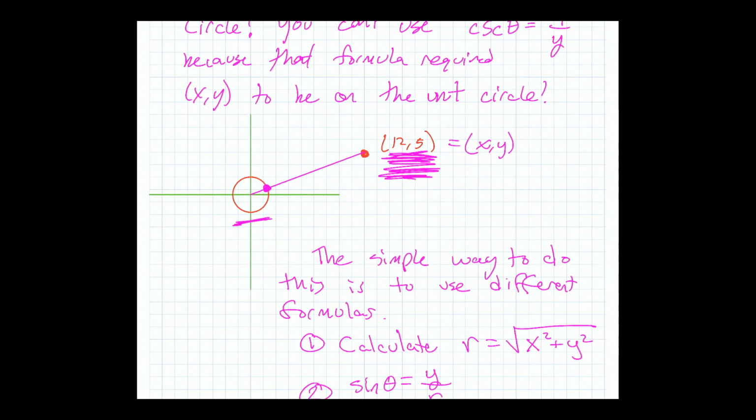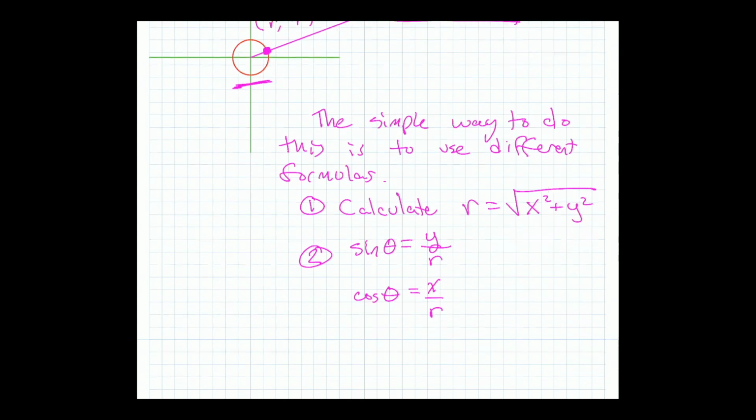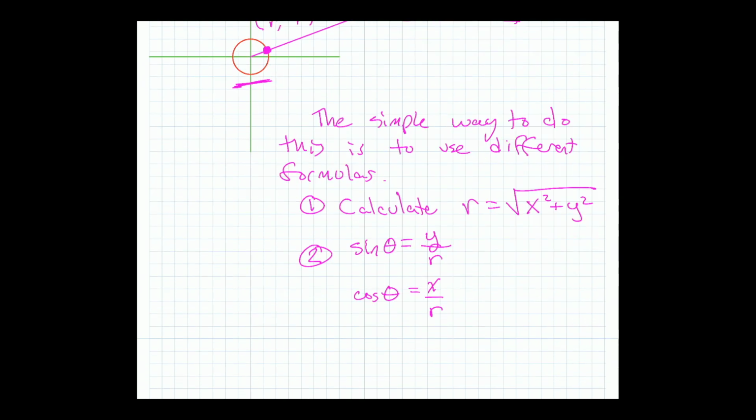If the original point that they gave you, like this (12, 5) here, is (x, y), then the point over here, the one on the unit circle, actually has coordinates (x over r, y over r), right? Because this point is too far away. Divide by r, and it'll give you the point on the unit circle. So that's the adjustment, divide by r.